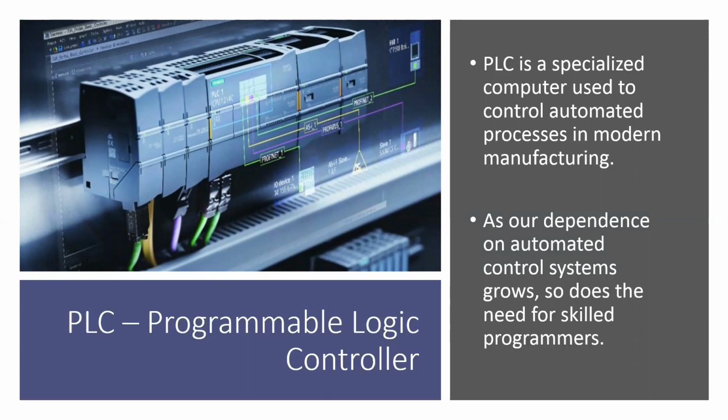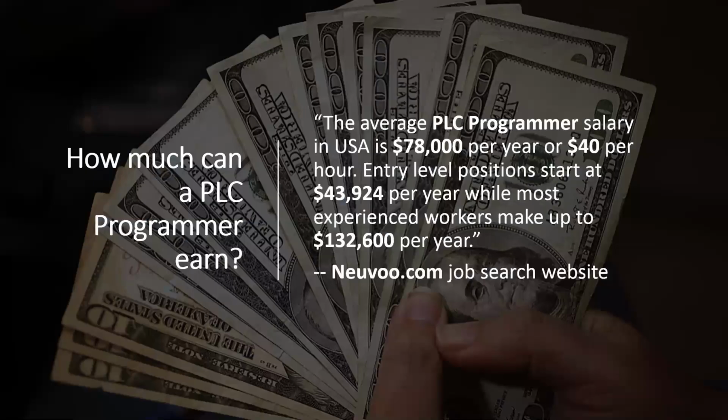Now, as the world of manufacturing becomes increasingly dependent upon these automated control systems, the need for workers skilled in the programming of such systems grows exponentially. To get a clear idea of just how highly prized these programming skills are, here are some salary figures for PLC programmers as quoted from job search website nuvu.com.